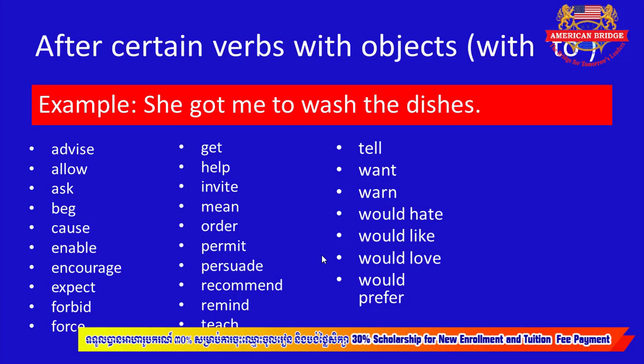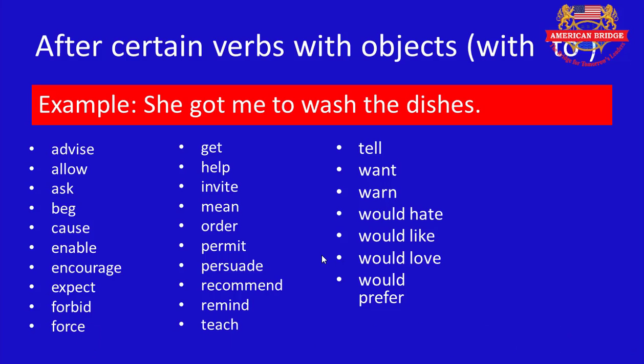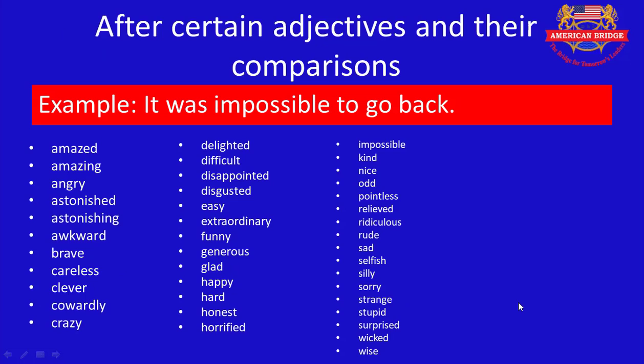My parents always remind me to get up early in the morning. So you can apply this and use it in the right structure, and you have to also remember these verbs as well.